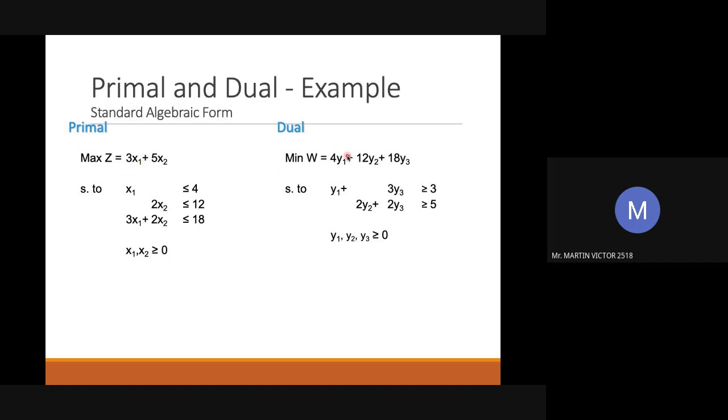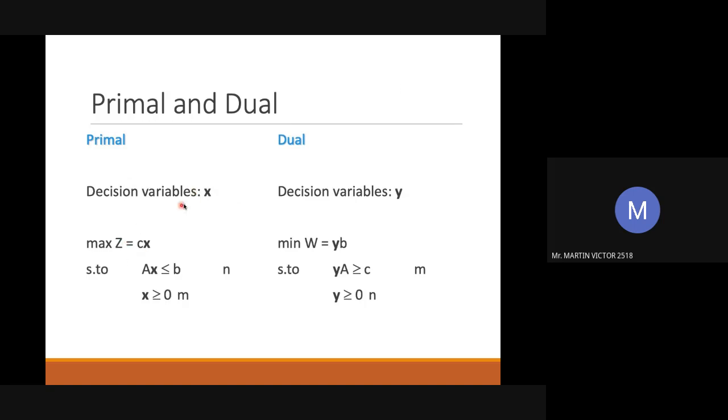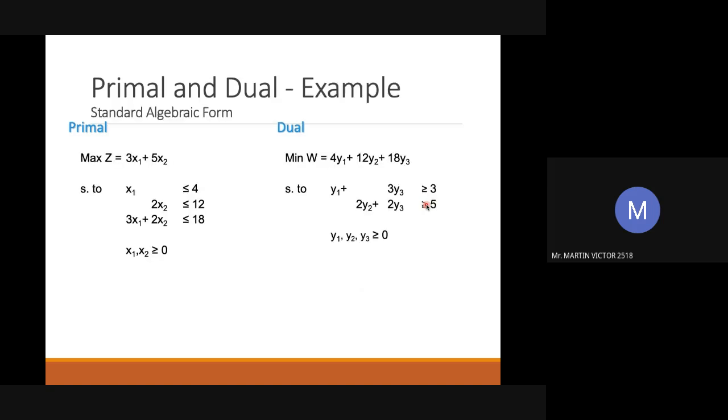The decision variables in the given problem are x and the dual decision variables are y. So we are taking 4y1 plus 12y2 plus 18y3. This is our objective function in terms of dual.